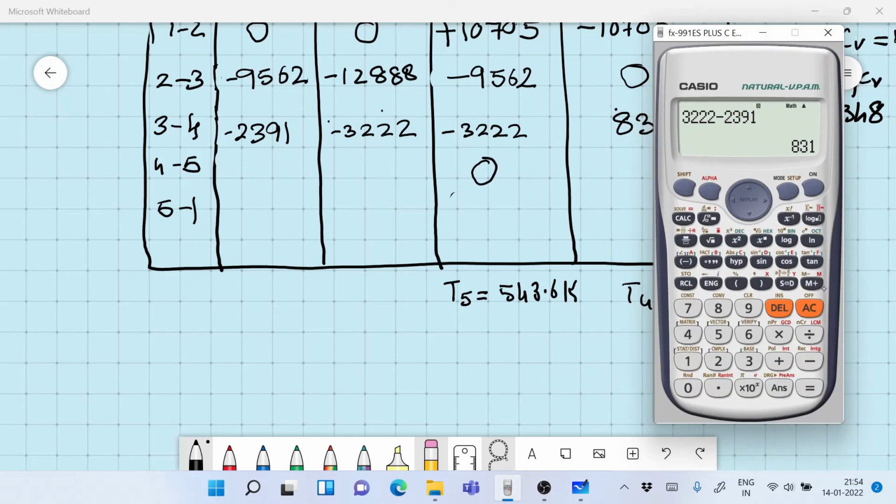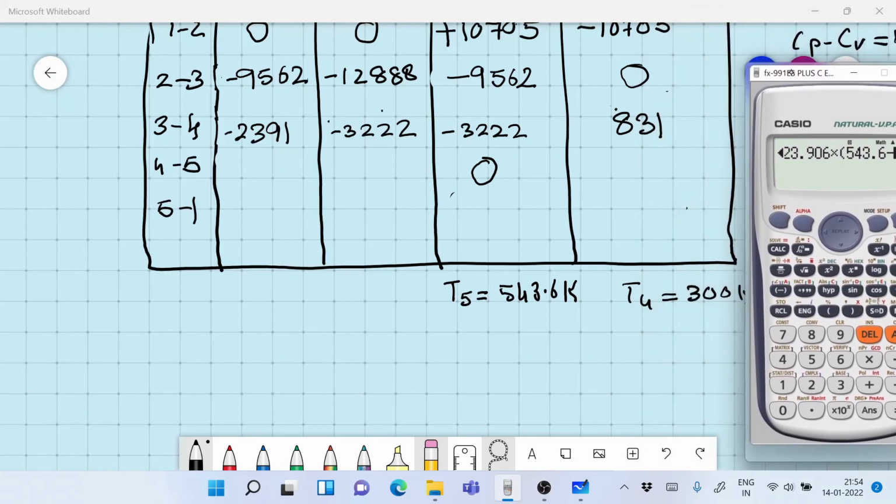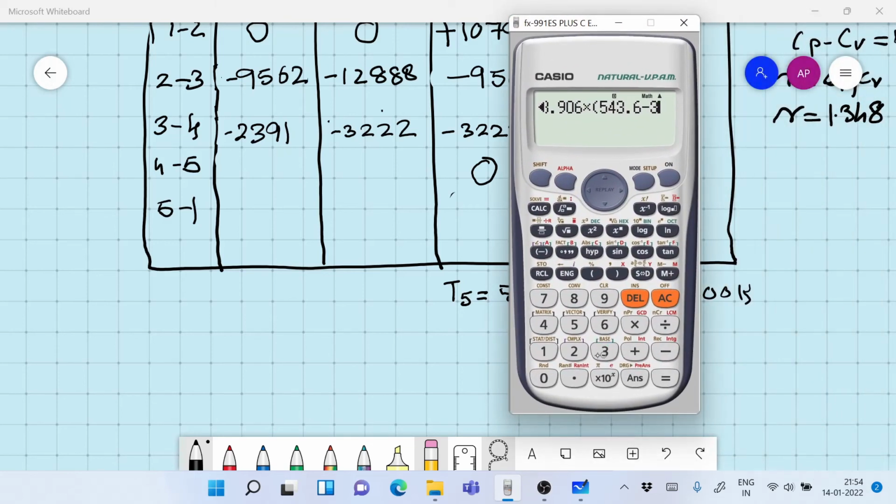Let's calculate delta U, which is going to be 1 into 23.906 into the final temperature, which is 543.6, minus the initial temperature, which is 300. So that's 5,823.